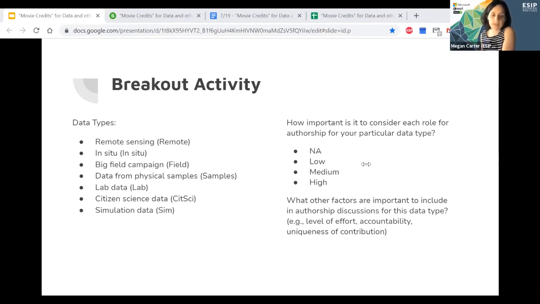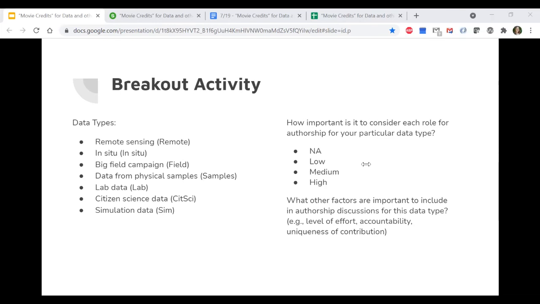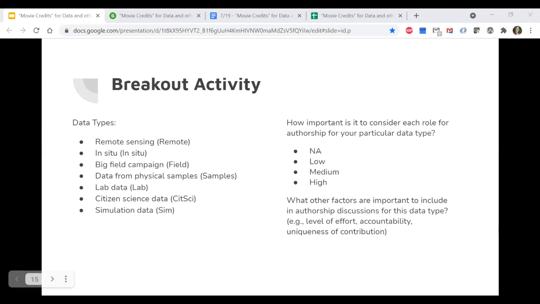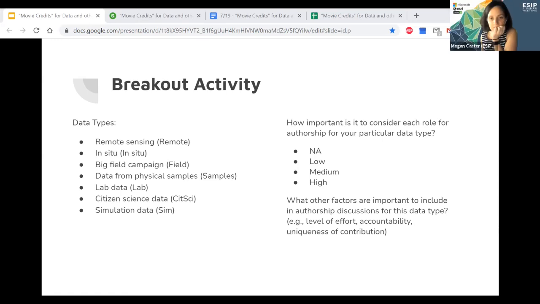Simulation data would be my recommendation, if that's not too unwanted for you. Simulation data, okay, you can put me in there. I'll send you there so you don't even have to do anything. Oh, thank you. Hi, Megan. This is Yashin. Can you send me to simulation? Will do. Thanks.